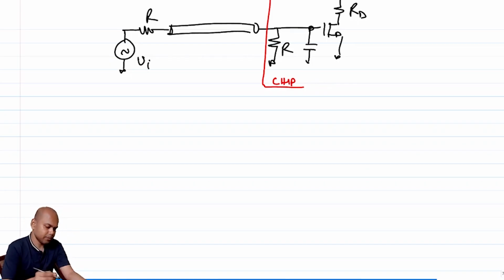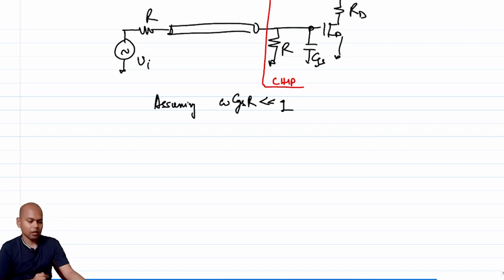So assuming things are matched, assuming omega CGS R is much less than 1, I matched.